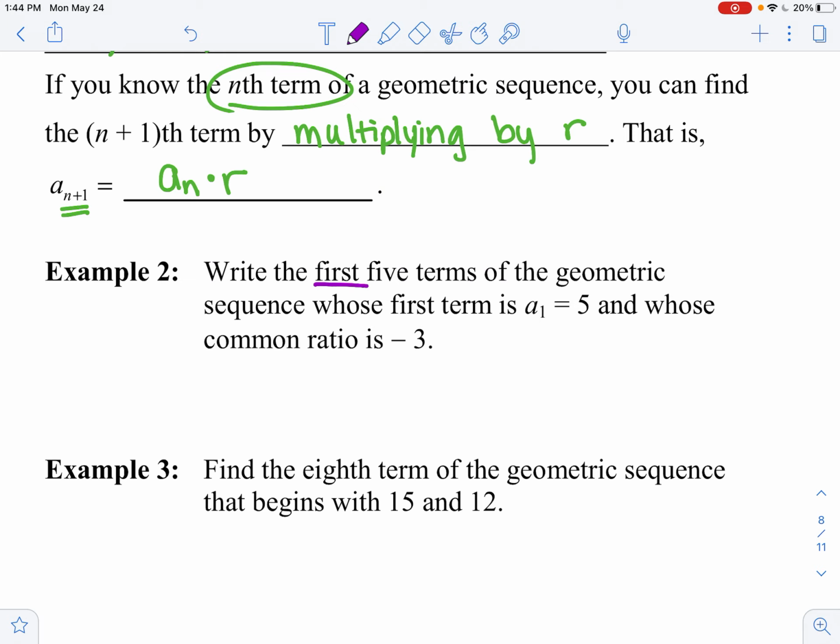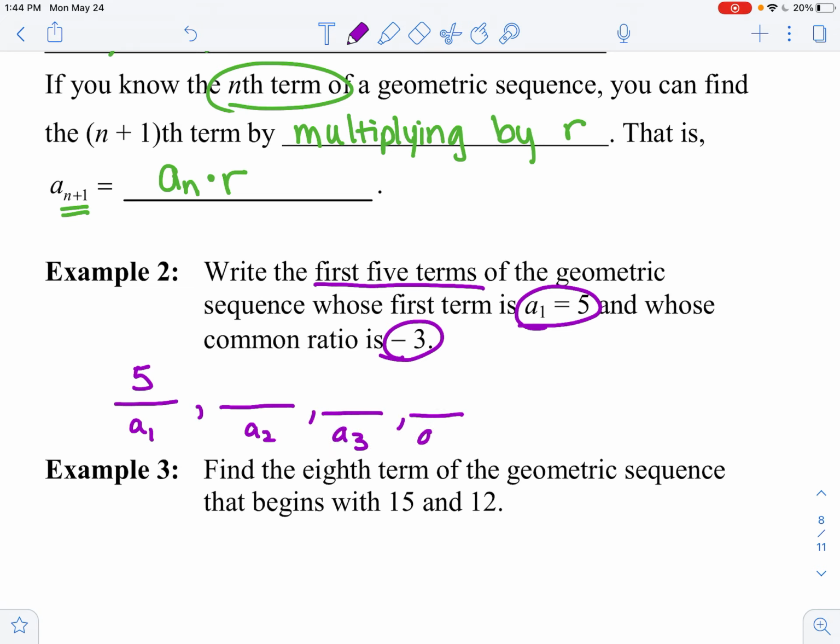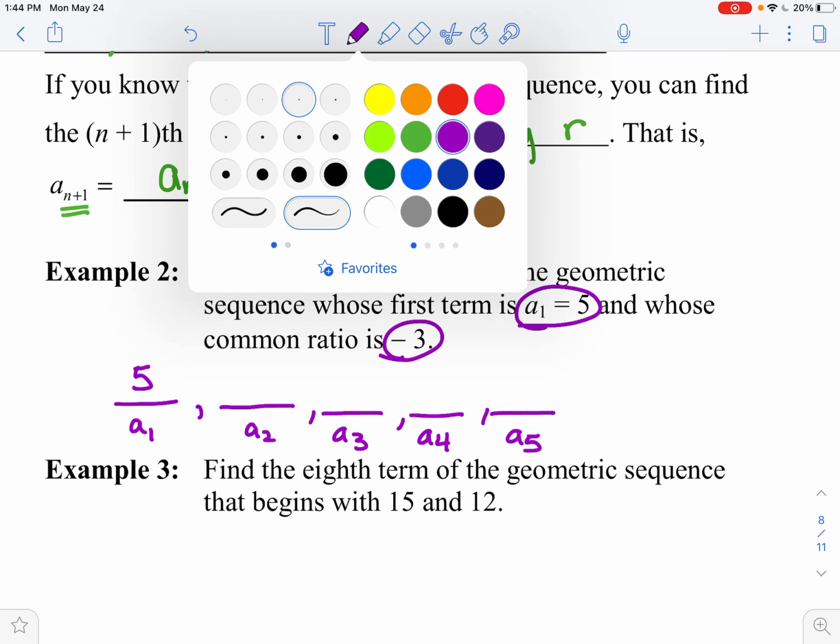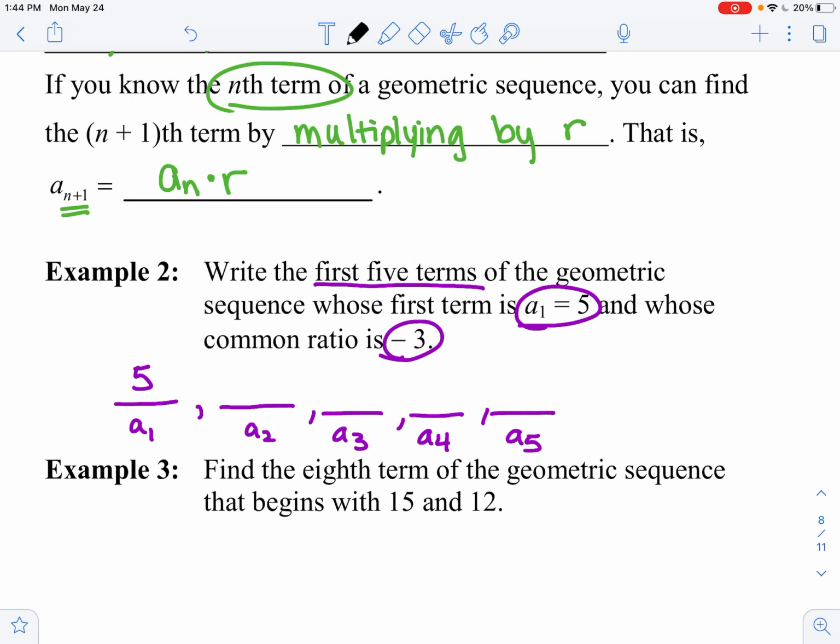So let's write the first 5 terms of the geometric sequence whose first term is 5 and the common ratio is negative 3. If the first term is 5, that's our A1, and we're looking for A2, A3, A4, and A5. Each next term is multiplied by negative 3.